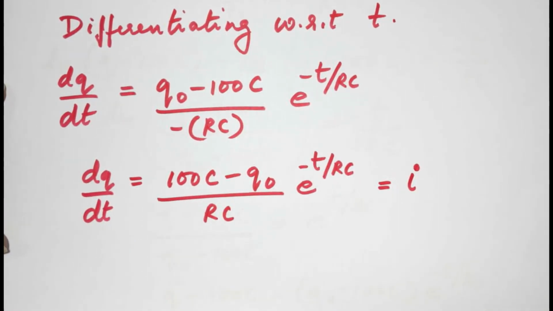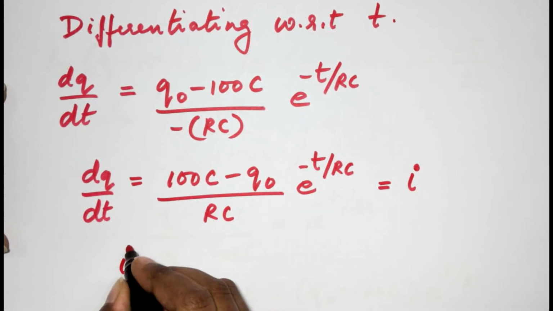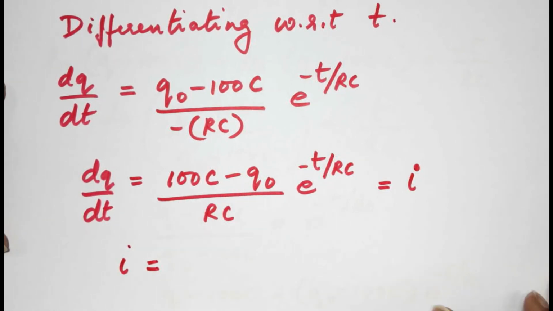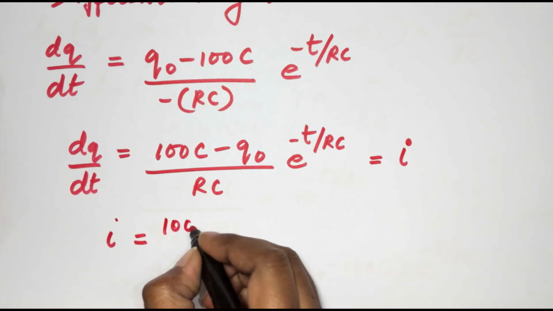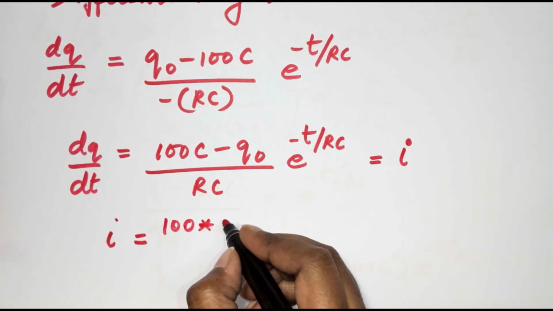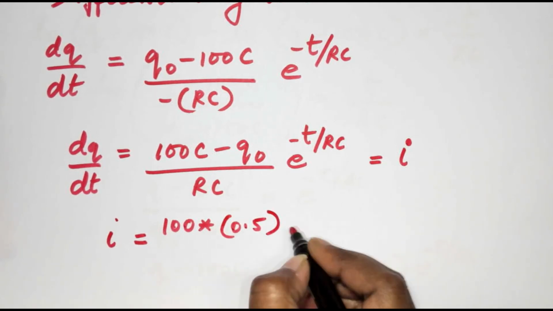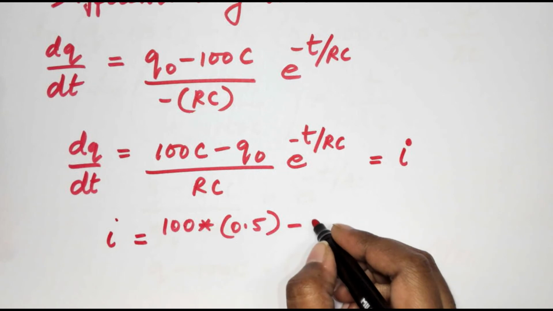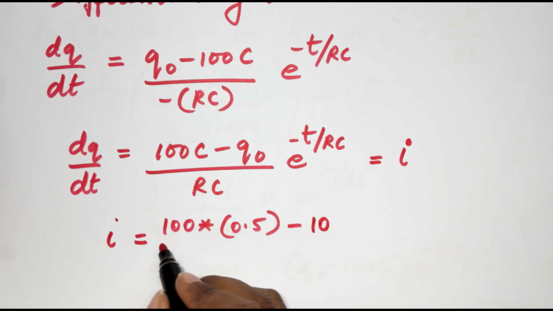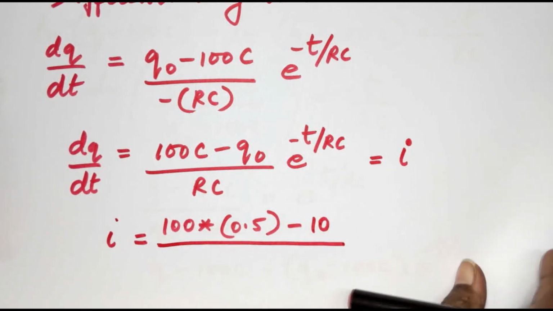Now we'll substitute the values. 100 times, what was C given in the figure? It was given as 0.5. 0.5 minus the initial charge given in the question, which was 10 coulombs, so that's 10, divided by, what was R?